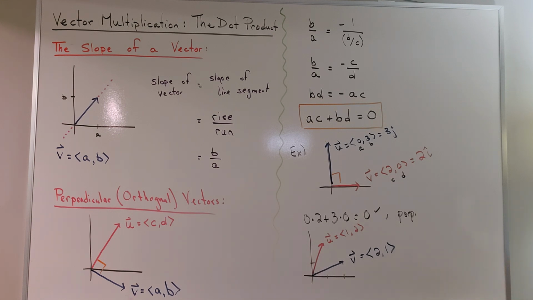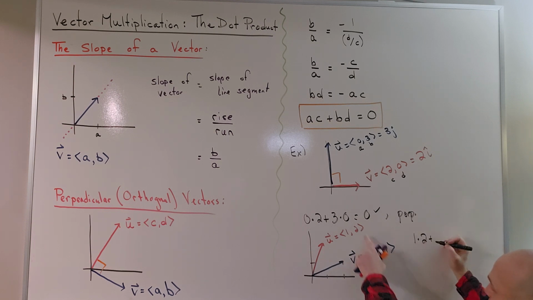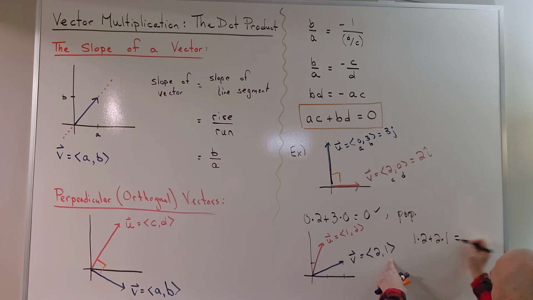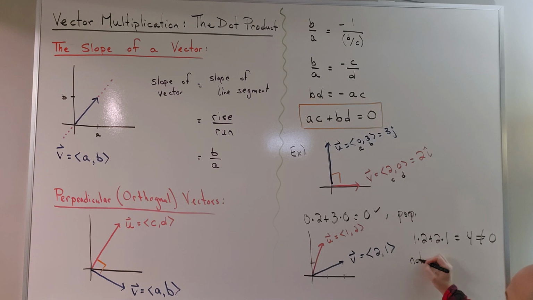If I want to check it with this equation, just for verification purposes, I would take 1 times 2 plus 2 times 1, and of course I get 4, and clearly that's not 0, and therefore these would not be perpendicular.